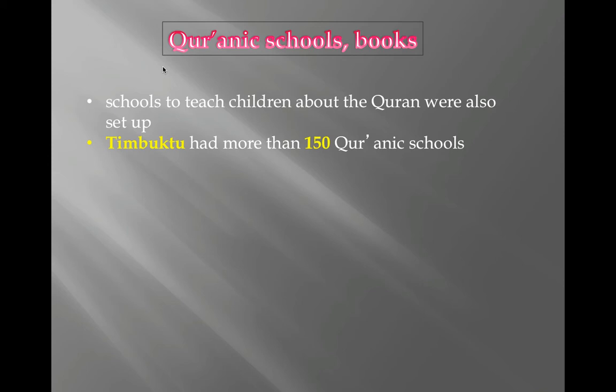Schools to teach children about the Quran. So the thing you want to write down, they were set up to teach children about the Quran, and then here's how many Timbuktu had.